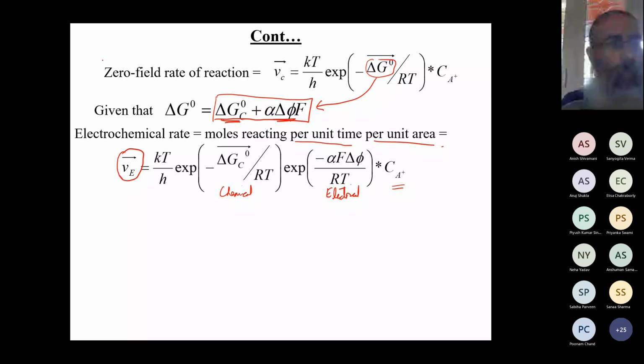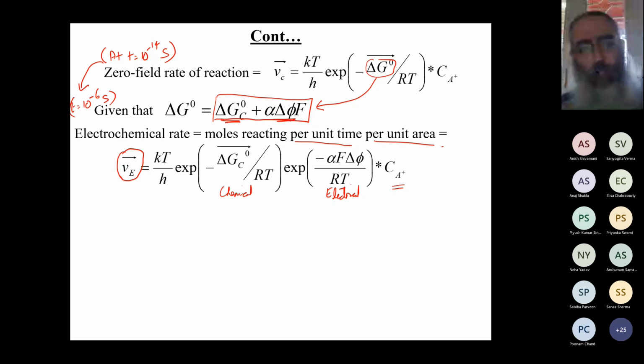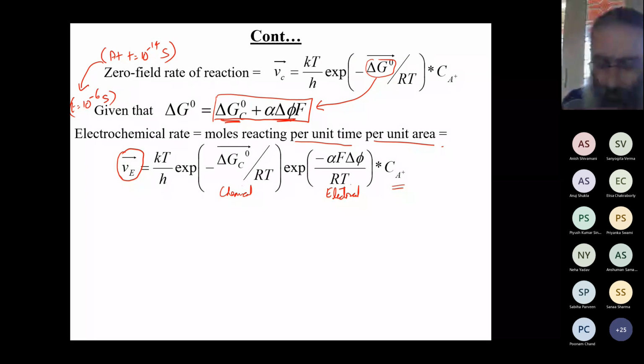Now, this zero field rate of the reaction is at time t equal to 10 power minus 14 seconds. From there we define t equal to 10 power minus, even if I say 6 seconds, microsecond, it's very well valid, because anything beyond 10 power minus 10 seconds, you have the electrochemical rate. You are no longer talking about purely the chemical rate, because the electric field is non-zero, the EDL is non-zero.